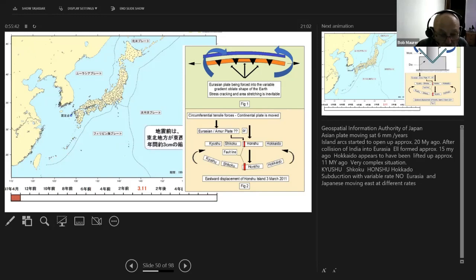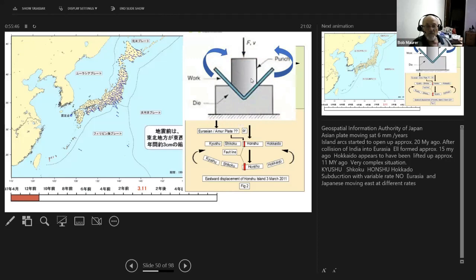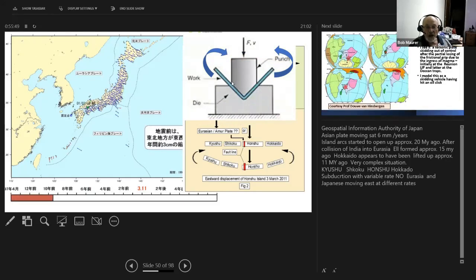So if we go on to this again, it's no different to if you smack a piece of metal into a shape, this side would come up and that side would come up. It's exactly what happened with those islands. This is the downward force, a circumferential force pushing this forward. And this makes a more logical argument. They're starting again. You may be able to see this fantastic video.